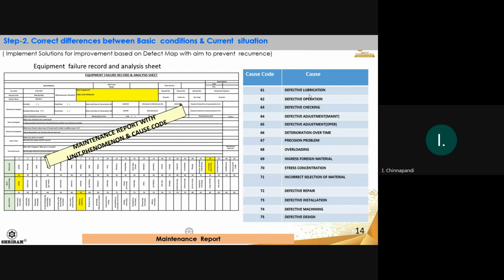So this is the recording sheet where whenever any equipment fails, we fill this record. Once we fill this record, we can come to know the root cause. With that root cause, we have to do analysis. So this is the maintenance report, how we identify the cause of the failure. Next.